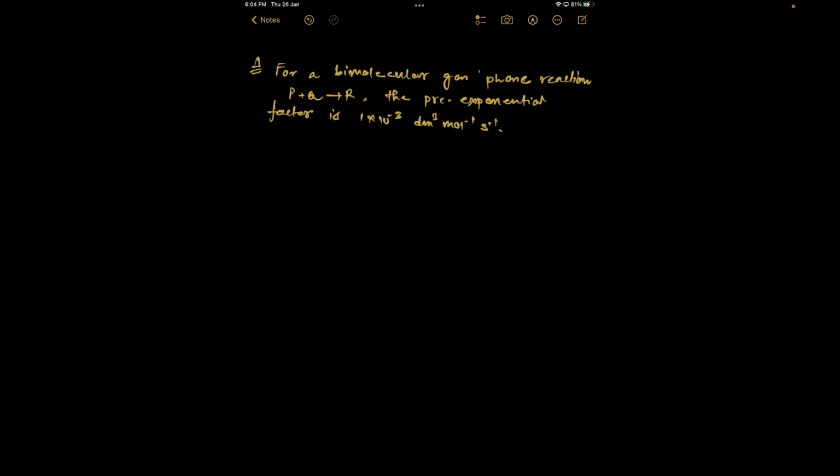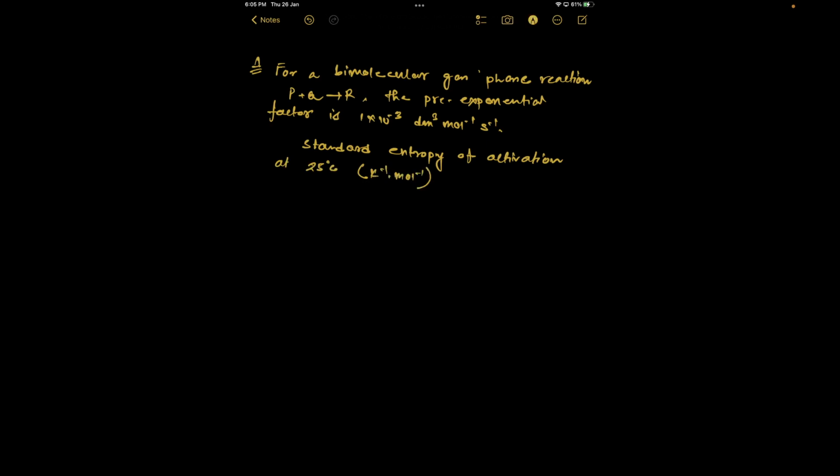at 25 degrees centigrade, with unit Kelvin inverse mole inverse.